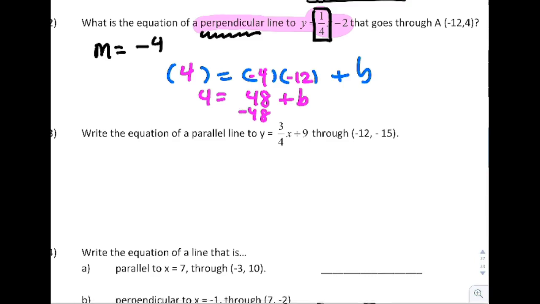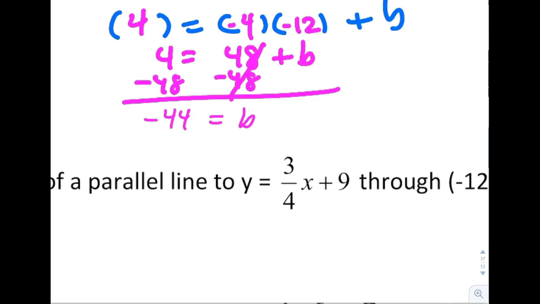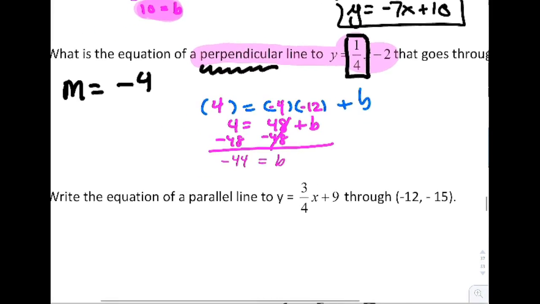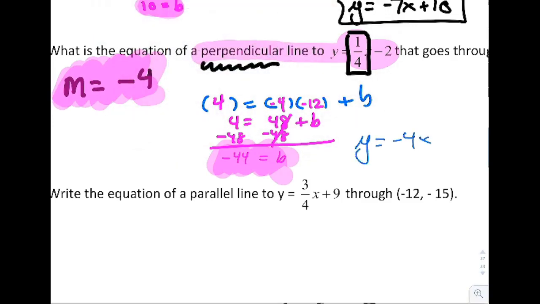I'm going to subtract 48 from both sides, and I'm going to end up with 4 minus 48 is negative 44, so that's my b. Kind of a strange y-intercept, but it is what it is. There's my slope. There's my y-intercept. Final answer, y equals negative 4x minus 44.